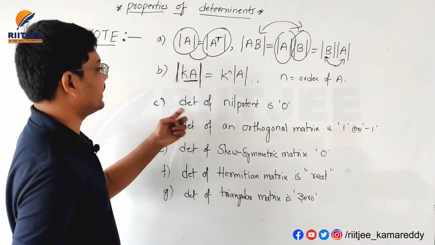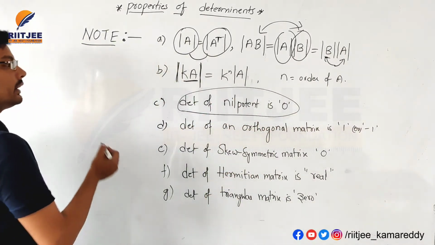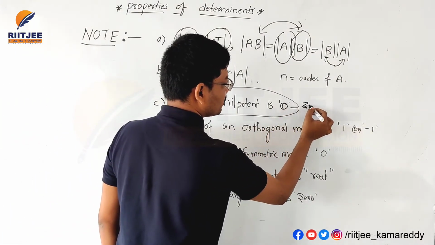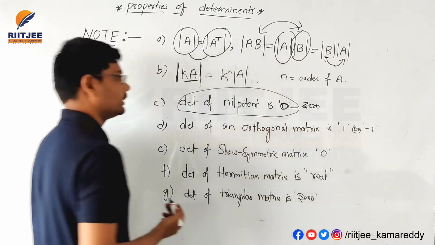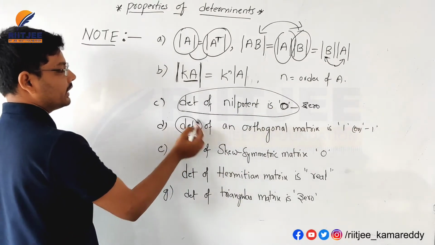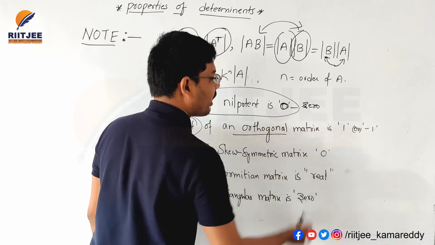And the next one, C, the determinant of a nilpotent matrix. The determinant of a nilpotent matrix is 0, not O. This is 0. O is nothing but the null matrix. The determinant of a nilpotent matrix is 0. And the determinant of an orthogonal matrix is 1 or minus 1.